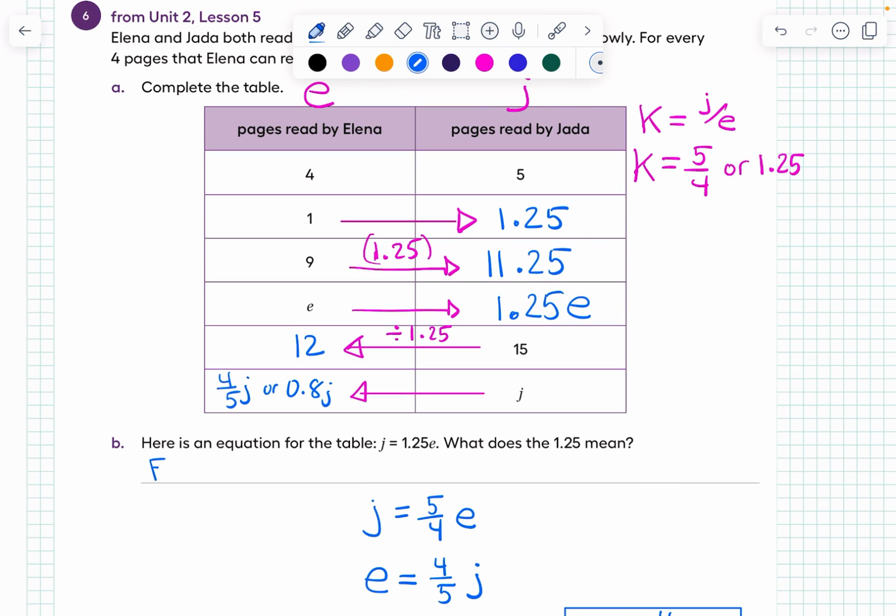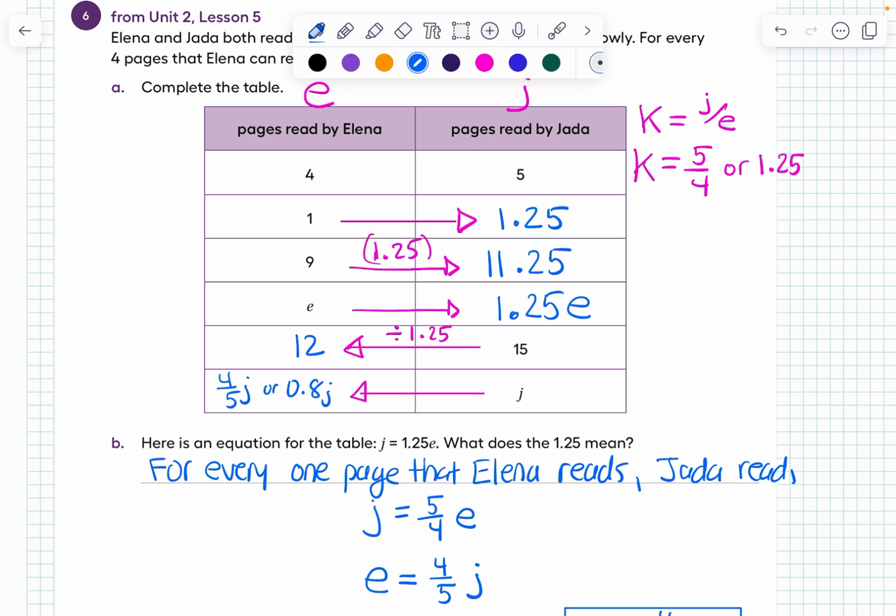You can say it so many different ways. For every one page that Elena reads, Jada reads 1.25 pages.